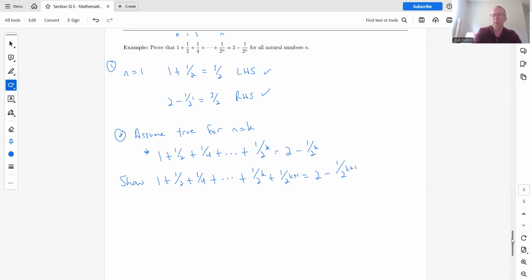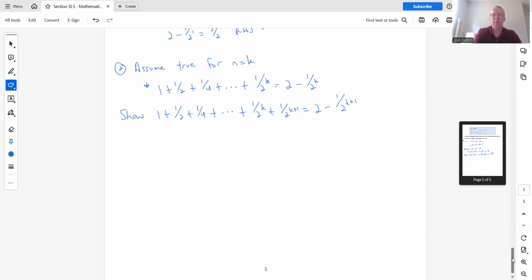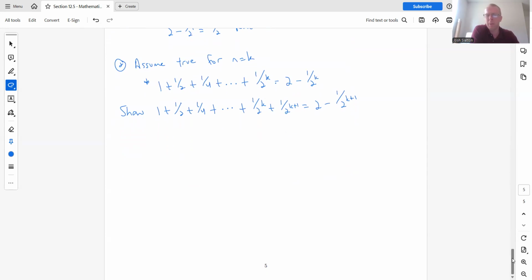All right, same method here. Pretty much doing the same method for all of these. Start at the left-hand side and then see if you can algebraically manipulate it into the right-hand side. So we have our left-hand side, and like always, here is our inductive hypothesis.